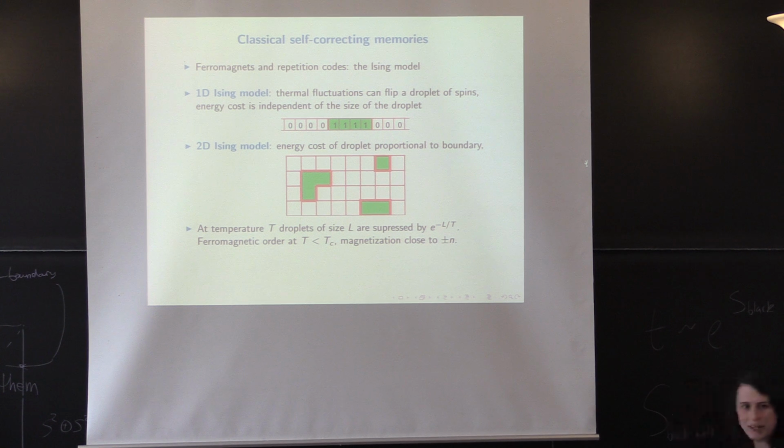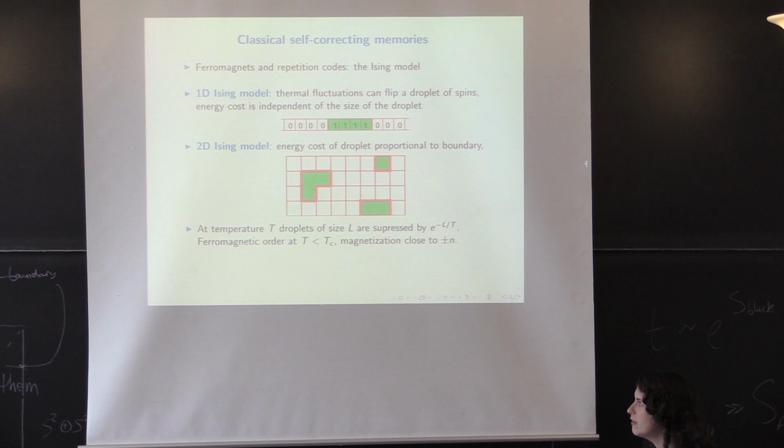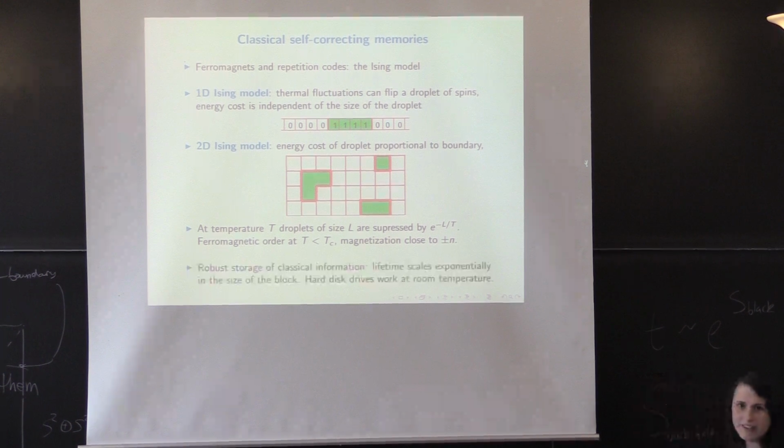Here ferromagnetic order means that the magnetization is going to be 99% up or 99% down for a long, long time, that scales exponentially in the size of the overall code block, the number of spins in your Ising model.